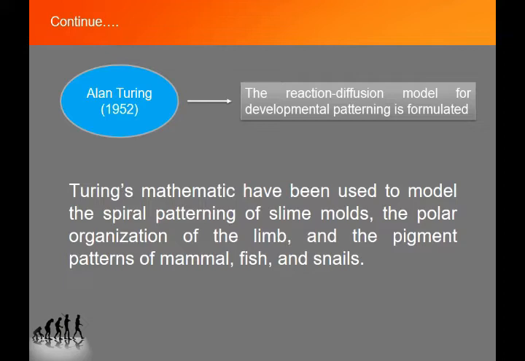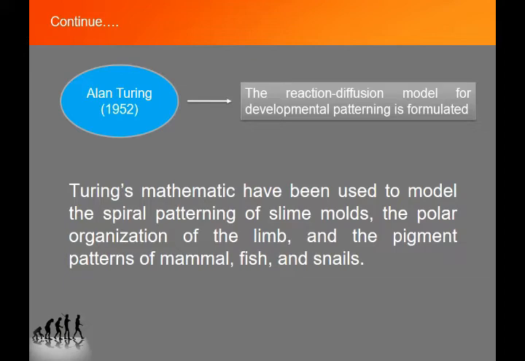So in 1952, Alan Turing created the very first reaction diffusion model for developmental patterning. He proposed a model wherein two homogeneously distributed substances, substance P and substance S, interact to produce stable patterns during morphogenesis.